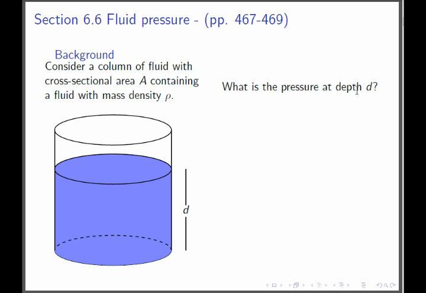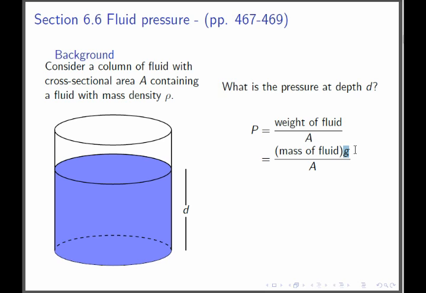What is the pressure at the bottom, at depth D? Well, the pressure will be the weight of the fluid divided by the area of this base, which I'm calling A. What is the weight of the fluid? Well, it's the mass of the fluid times the acceleration due to gravity.